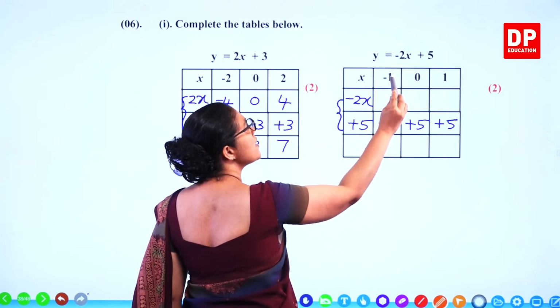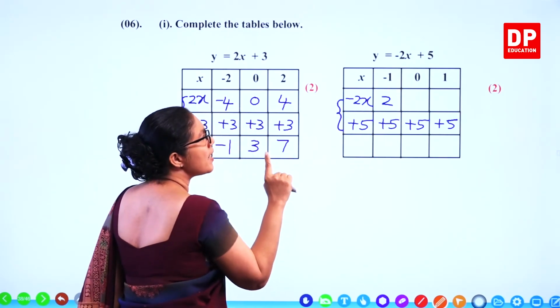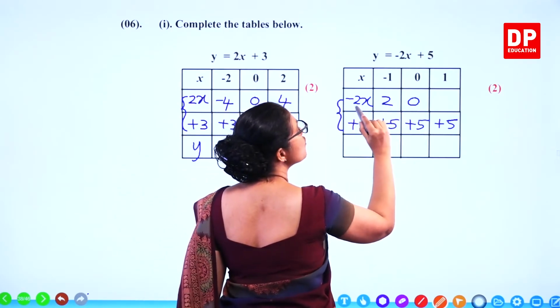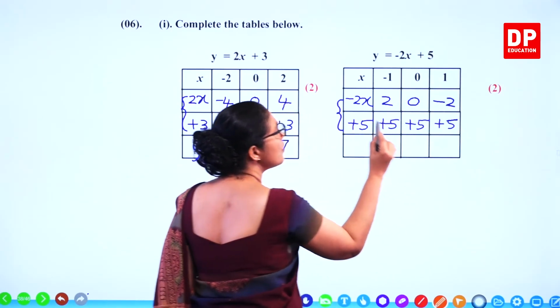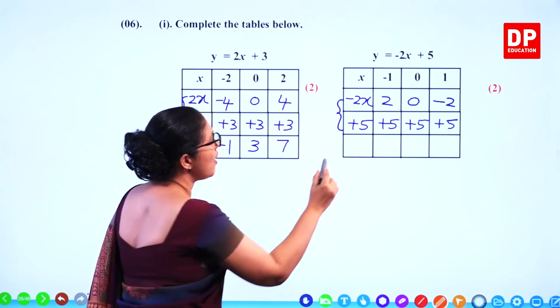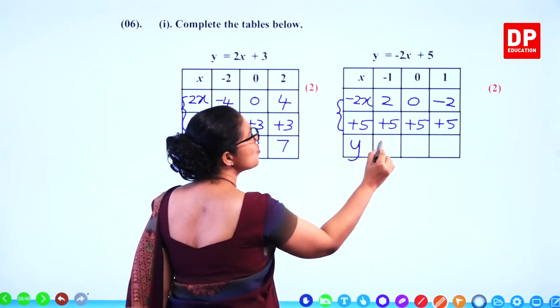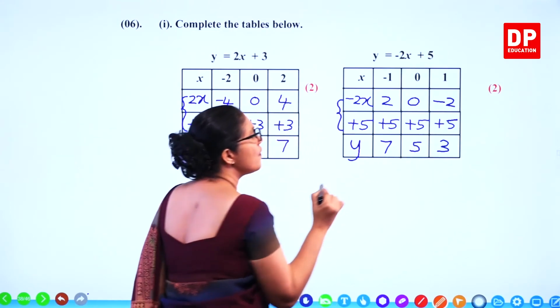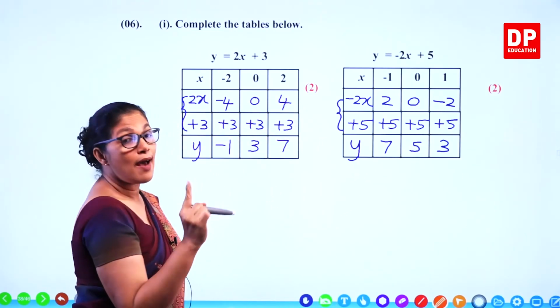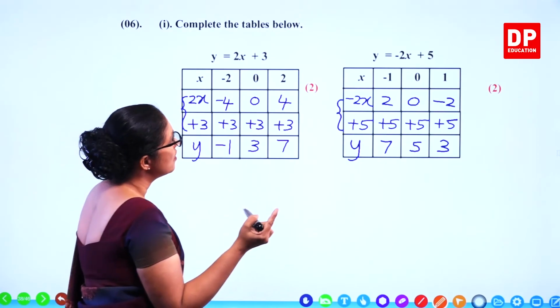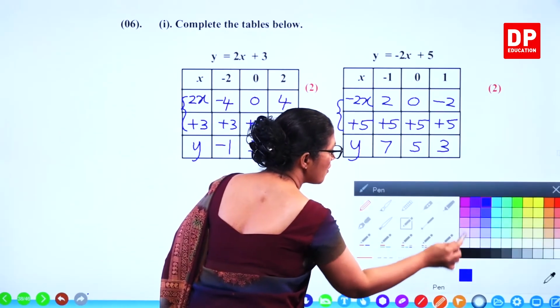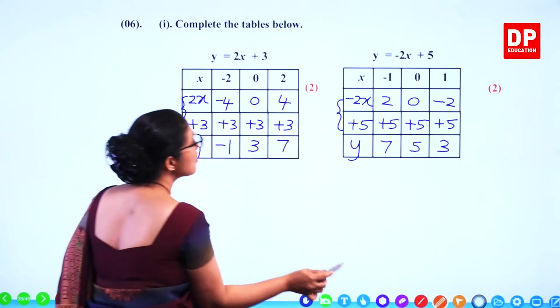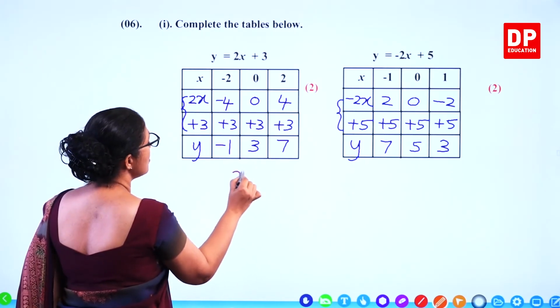Minus 2 times minus 1, that's 2. Minus 2 times 0, 0. Minus 2 times 1, minus 2. Now add these two. You get y value here. 5 plus 2, 7. 5 and 5 minus 2, that's 3. So we have all the values. So we can draw the graph. So you get 2 marks for each table.